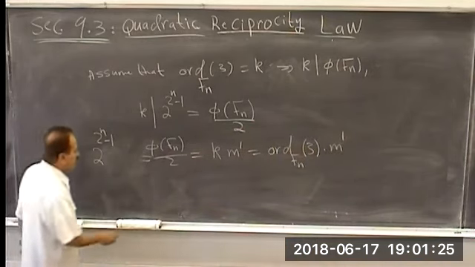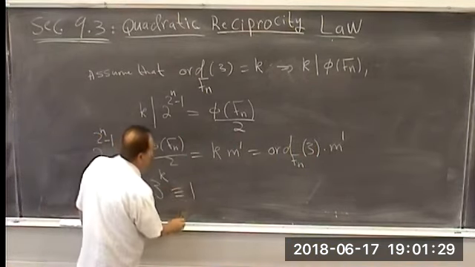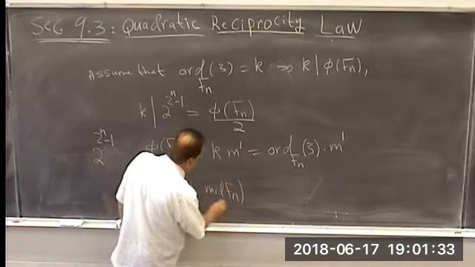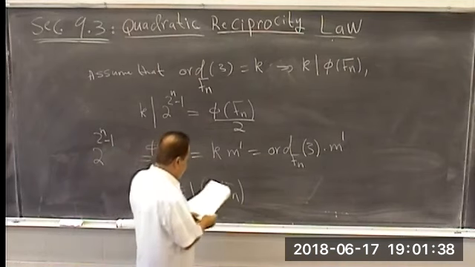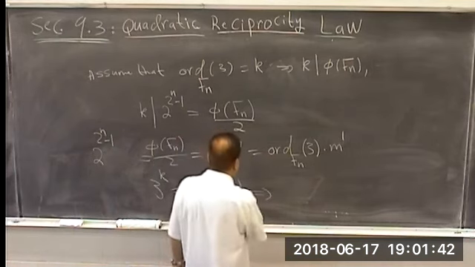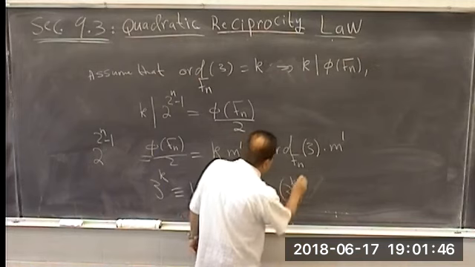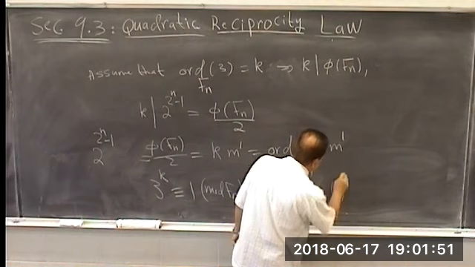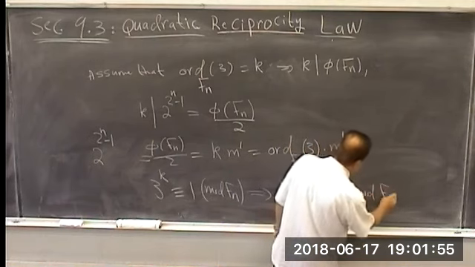Well, let's look at 3 to the k. This is congruent to 1 mod Fn. And this implies we're going to raise this to the m prime, giving 1 to the m prime mod Fn.